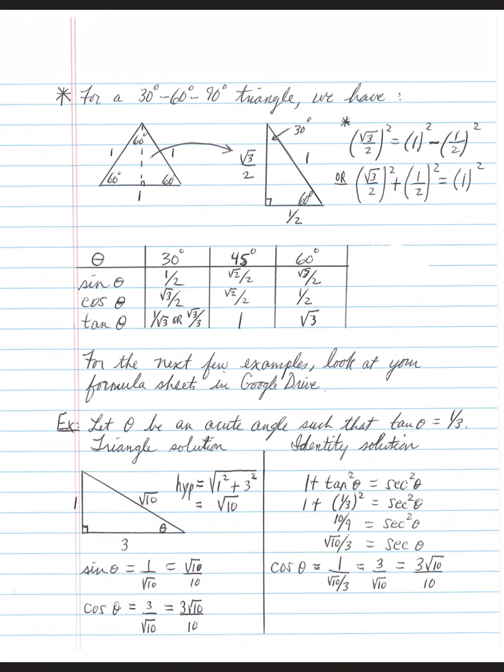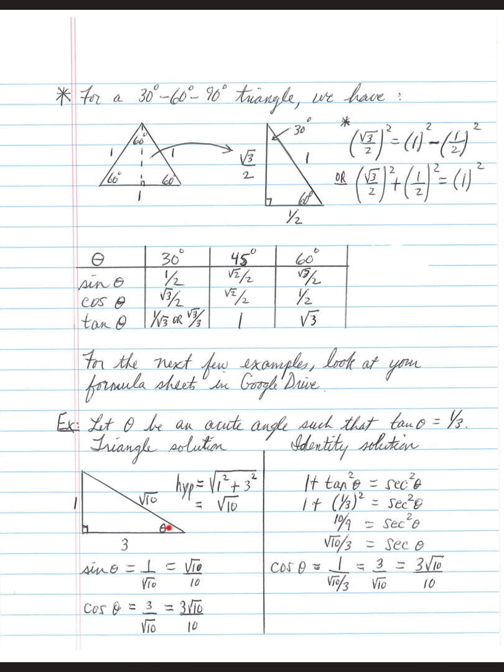What is important is tangent of theta is opposite over adjacent. In order to get 1/3, my opposite length needs to be 1. My adjacent length needs to be 3. The hypotenuse you get from 1 squared plus 3 squared, which is 10. And the square root of 10 will be your hypotenuse length.